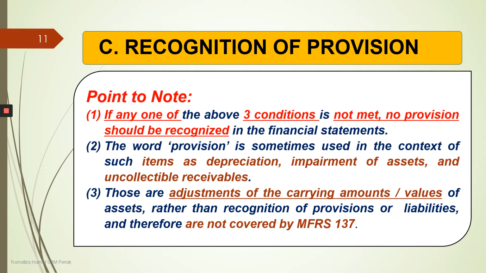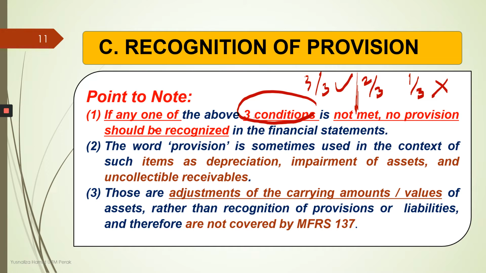Next one is you need to understand that if those three criteria are being met, that is only when you recognize a provision. However, if any one of the above three conditions is not met, let's say only 1 out of 3 or 2 out of 3, that means there is no provision, right? So you only will recognize a provision if it is 3 out of 3.